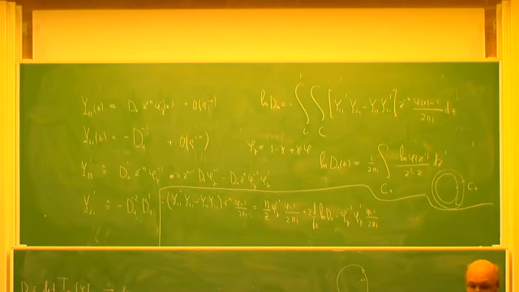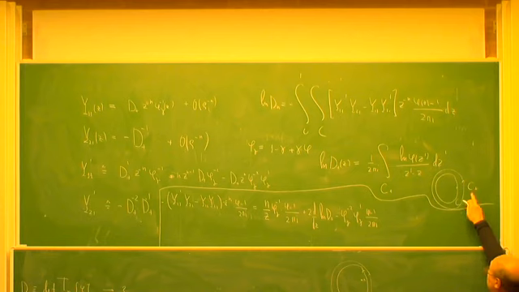But since by assumption phi is analytic and nonzero, I can just shift the contour a little bit up and then put z on the circle. So z is on the circle. Integration goes around C plus, which I call C plus, a circle a little bit bigger than the unit circle.